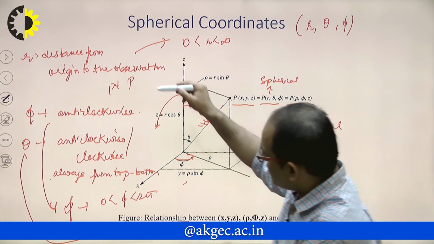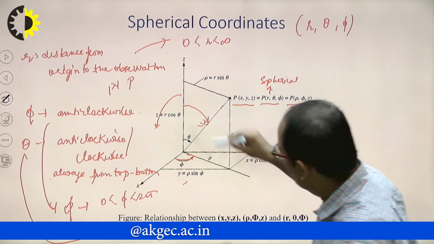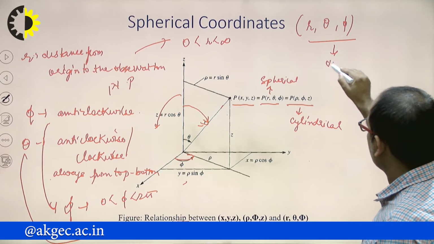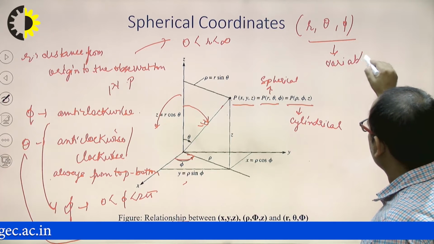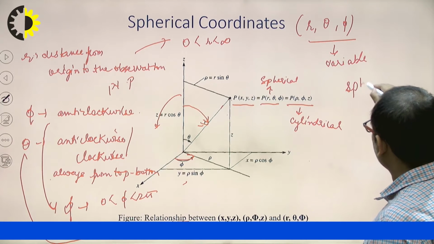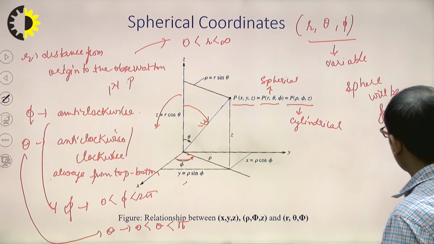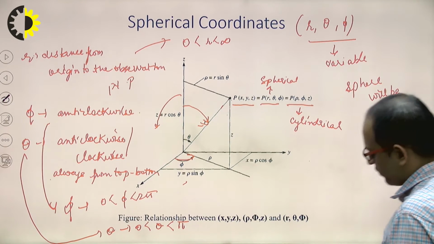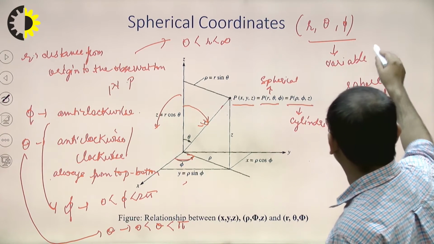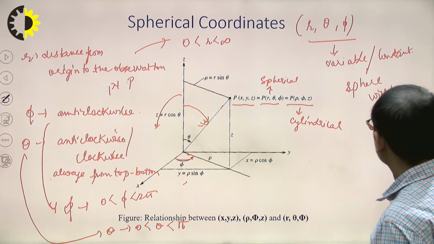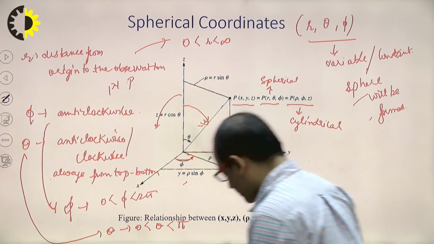Because if all of these are variables, a sphere will be formed. Or if all are constant, a sphere will be formed. Clear?